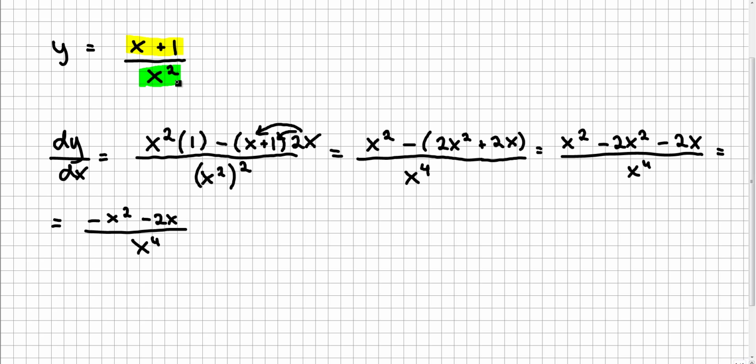It's written like a quotient, and the rule is to take this part, x squared to the power of 2, write it as it is here and multiply it by the derivative of this function, and then it's always going to be minus, and we're just going to write the second function up here times the derivative of this function down here.